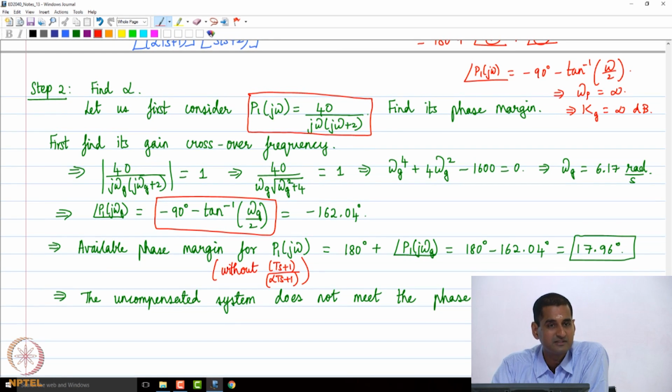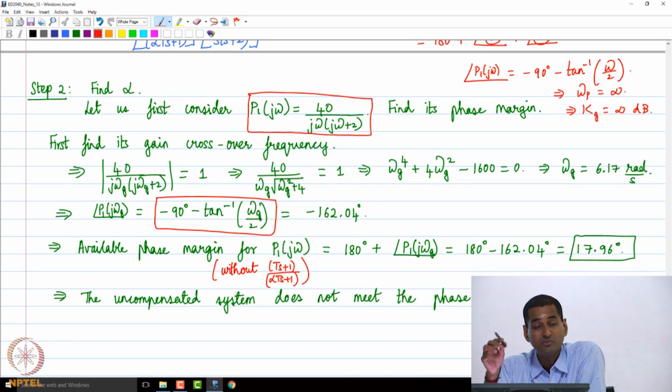Because when you go to higher frequencies, the log magnitude curve of P1 j omega is going to tend to minus infinity. Why? Because the slope of the curve will go as minus 40 decibels per decade. You can immediately see that n is 2, m is 0 for this particular plant transfer function.